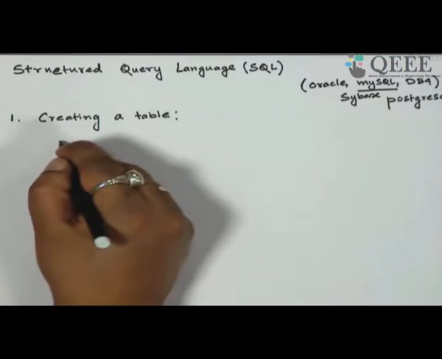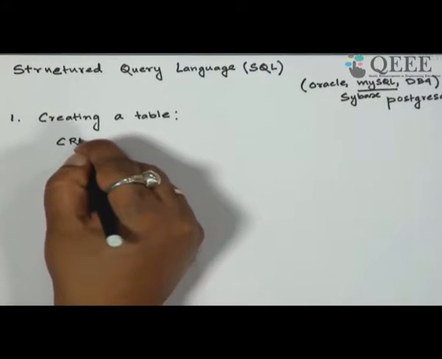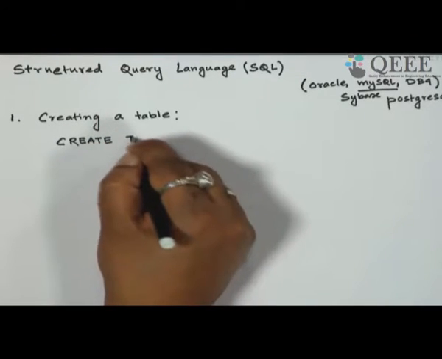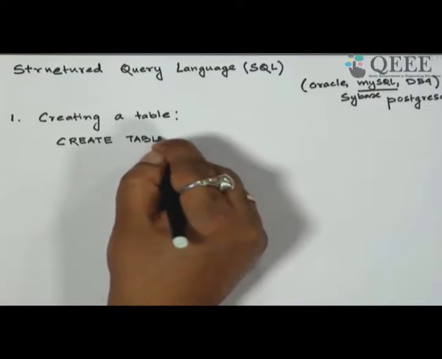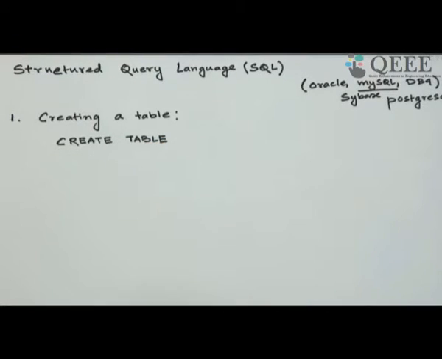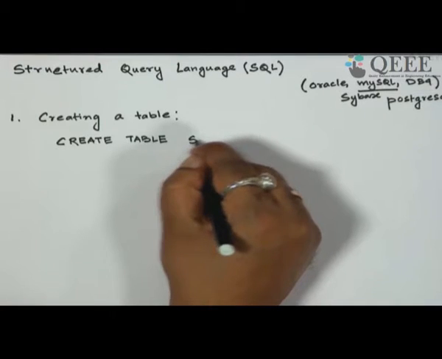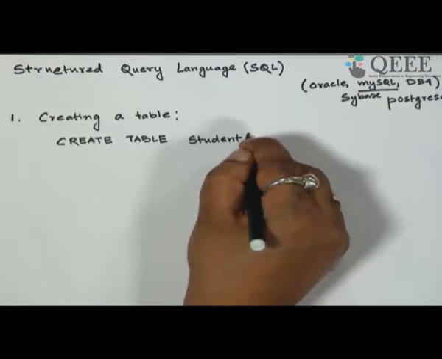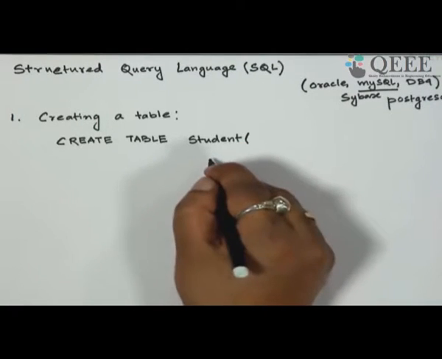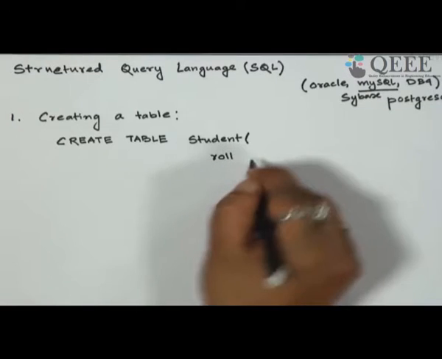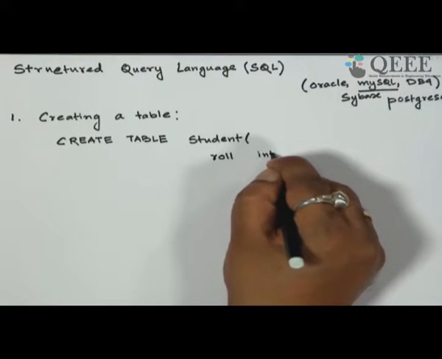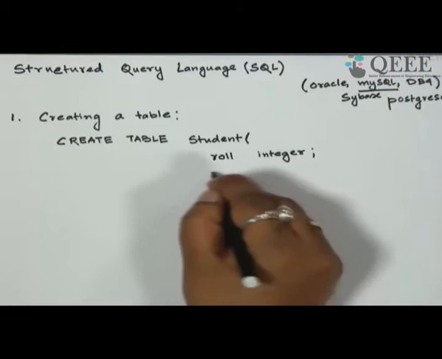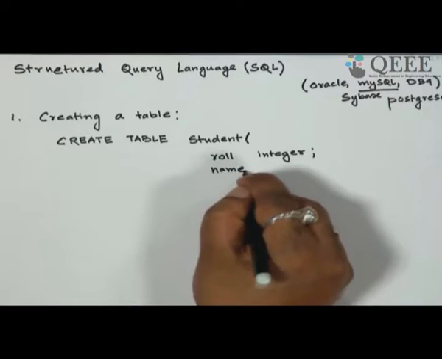The command for that is create table, then the table name, say I call it student, and the set of attributes. This is just like a structure definition in C.